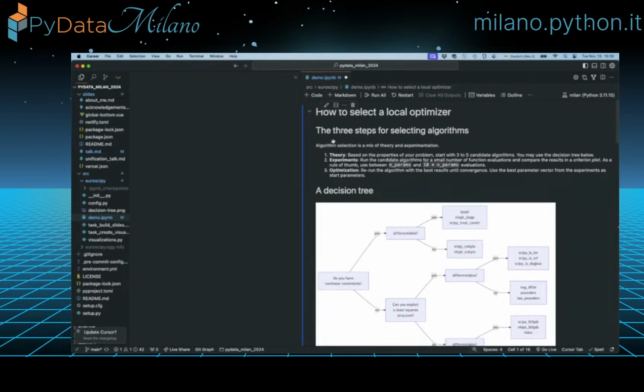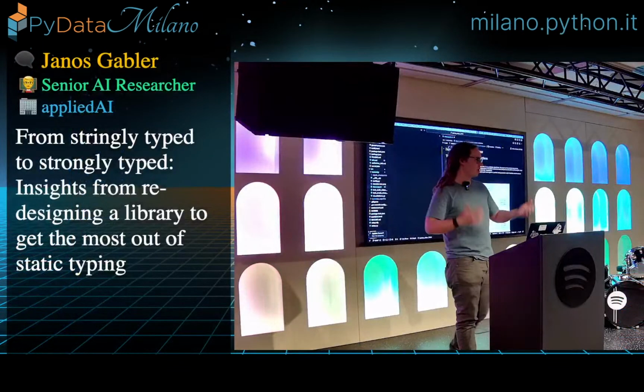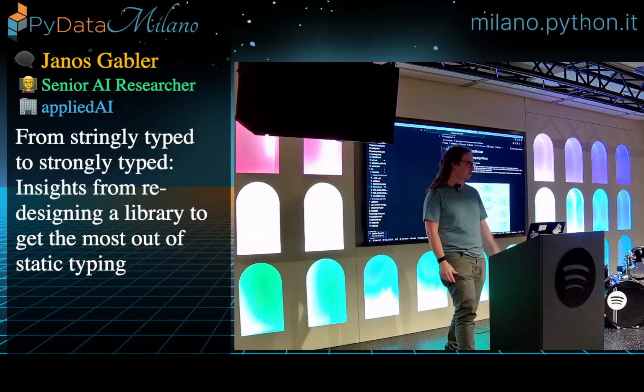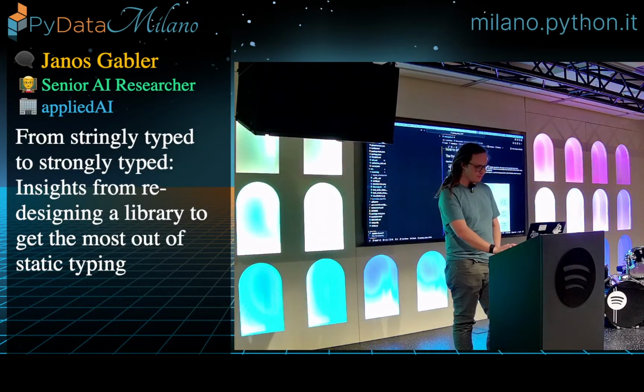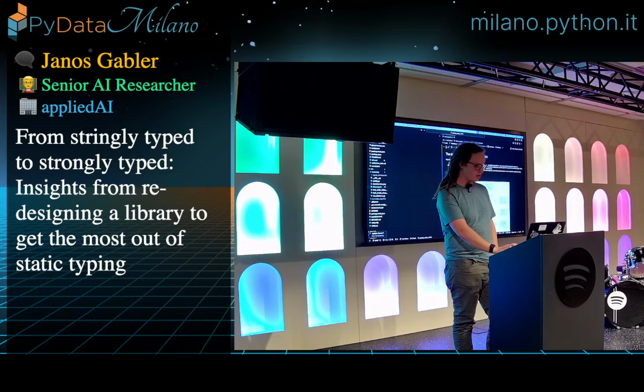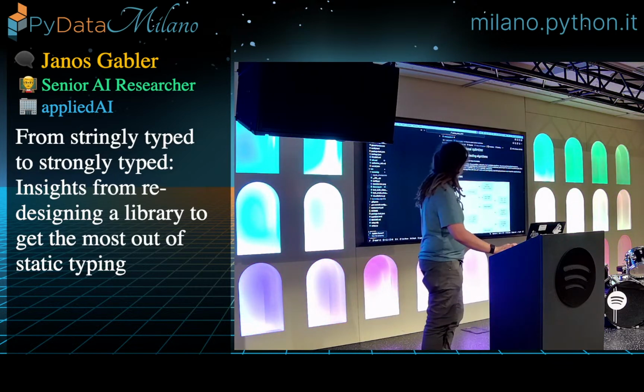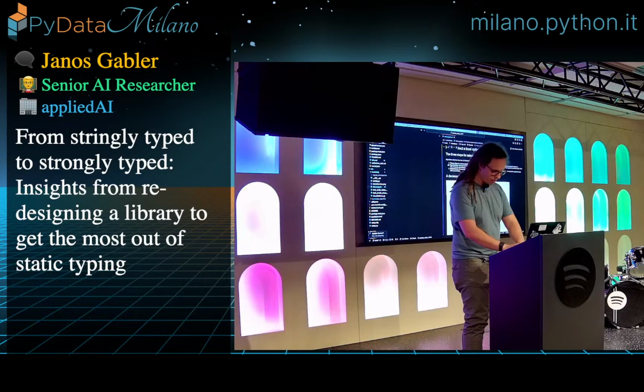So selecting an algorithm for optimization is actually super important. It can make all the difference between you run your code for a day but don't solve your problem, or you solve your problem in a few minutes or maybe even seconds. So it's really important, but it's also really hard. Is this large enough? I'll try to make it larger.